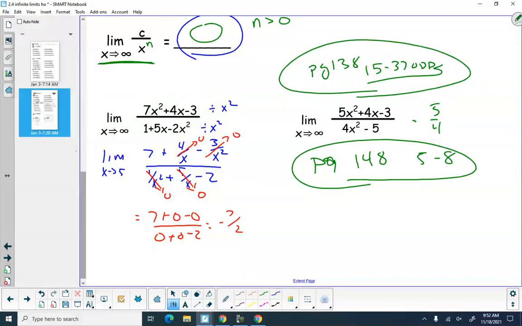You can add that into there, page 148, 5 through 8, and that's finding the equation of a tangent line. Problems 5 through 8 on page 148. Like I said, I sort of flipped the two around.